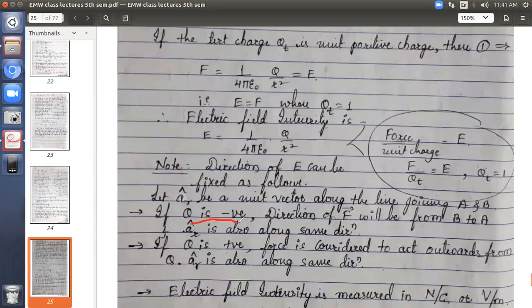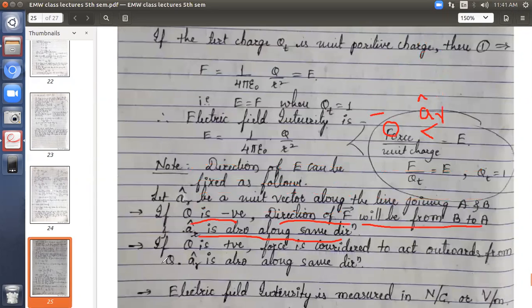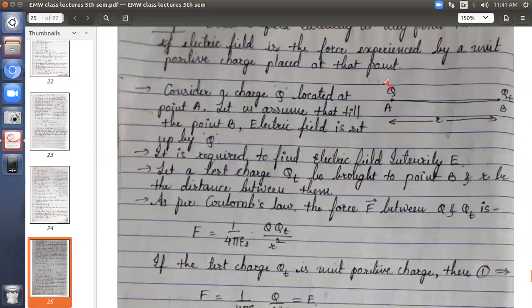So if Q is negative, the direction of force will be from B to A, and the field will also be in the same direction. That's what I showed you here. If Q is negative, this will be the direction of r cap. Otherwise, if Q is positive, it is divergent, and the force acts outward from Q. If the Q considered is positive, it comes outward from point A, so the r cap direction will also be outward.